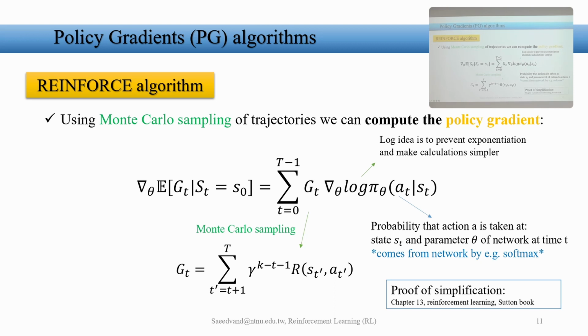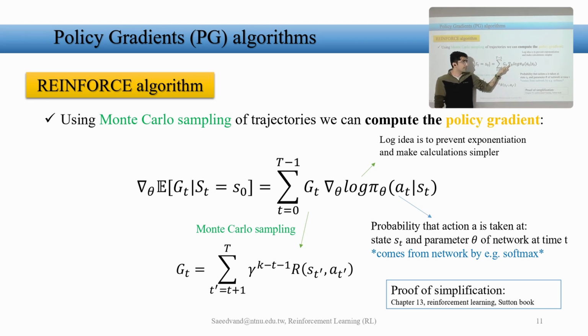So maybe it looks a little bit complex, but actually it is not, because here we have the probability of the one action that is occurring based on the softmax output. What softmax does is convert the output of the deep neural network to probability form. That says what the probability of each one is, and we consider that probability as the output of softmax in the form of the probability of each action occurring in one state.